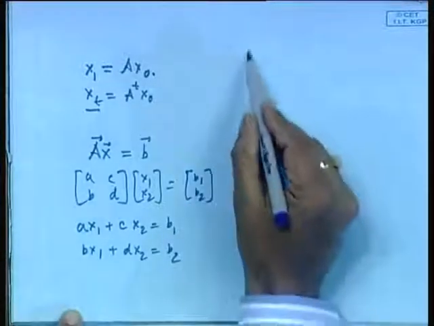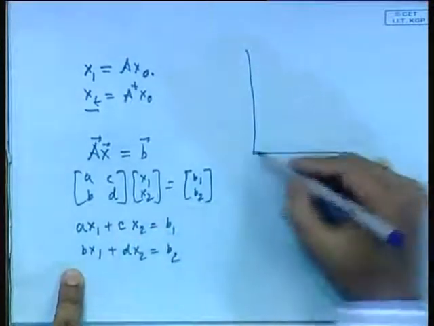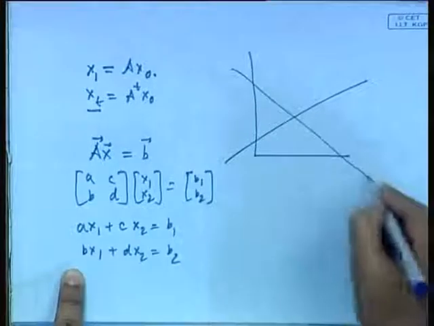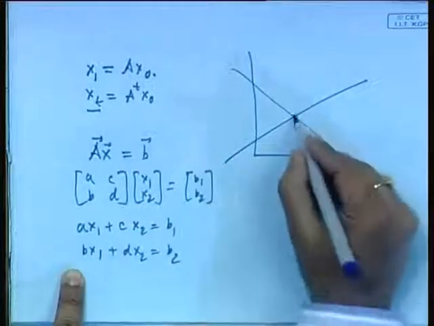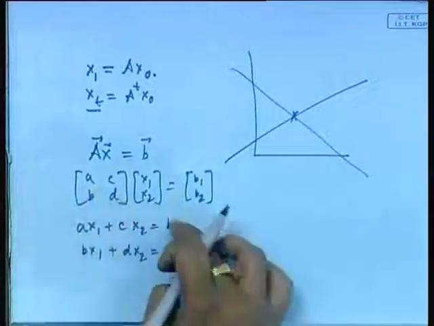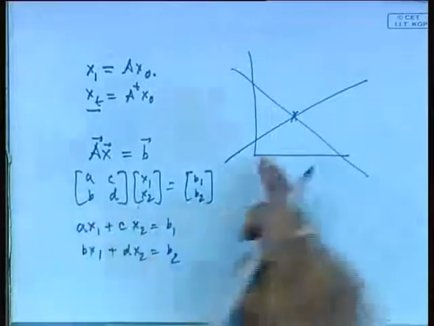Right. If you plot in 2 dimensions, these will be lines, right? So, x1 plus x2 will represent something like this, and the other will represent this, and this system is solved for this particular point. In general, if it is an n dimensional, A is an n cross n matrix, then what would this represent?